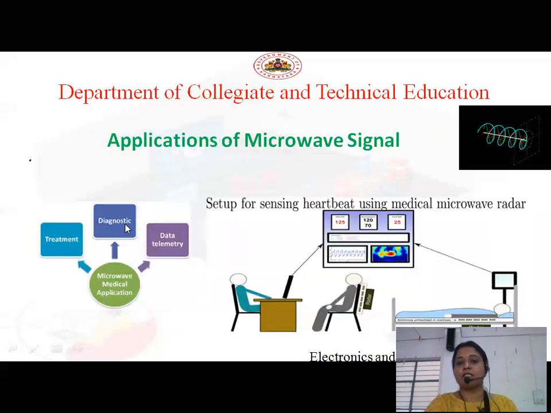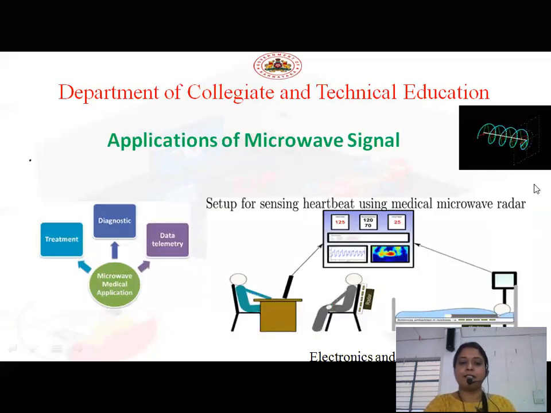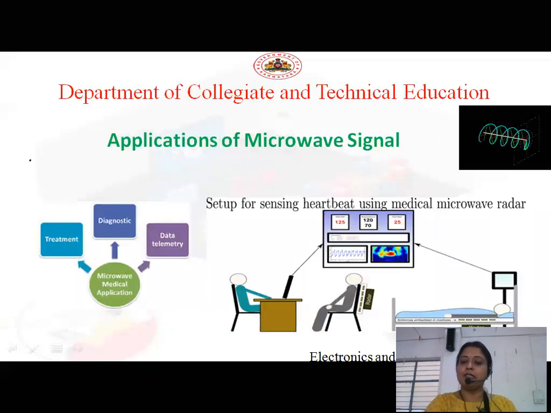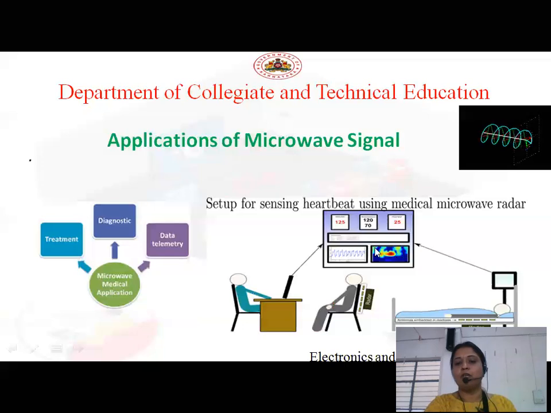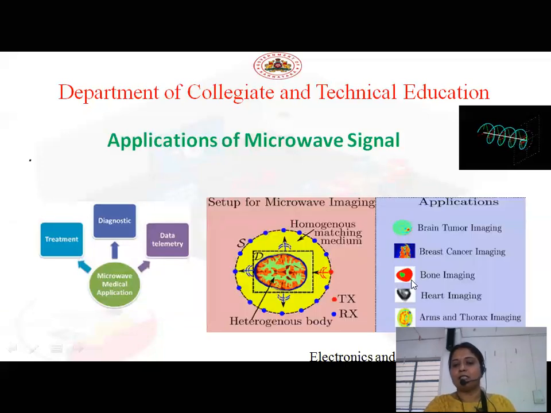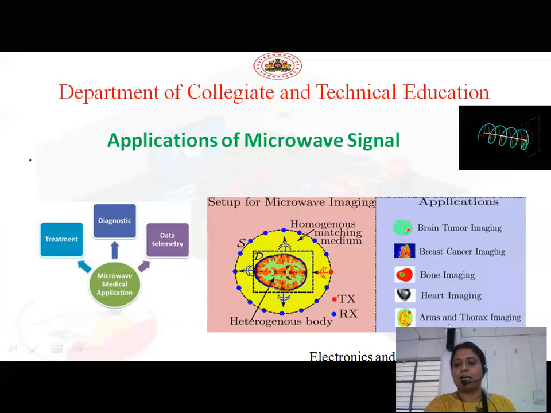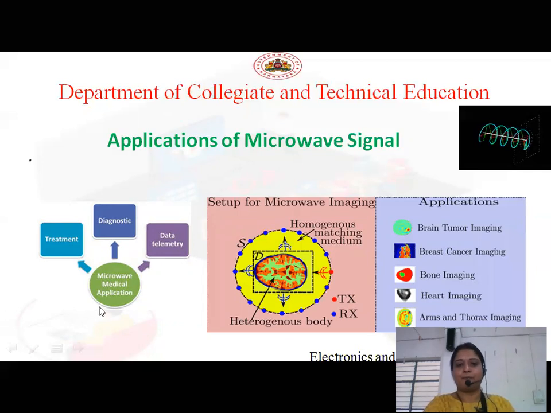To find out what the disease was. That is called diagnosis. And after finding the disease, it is used for treatment purposes also, and also for data entry. Therefore, in scanning, the brain scanning, bone scanning, all those scanning processes, microwave signals are used.